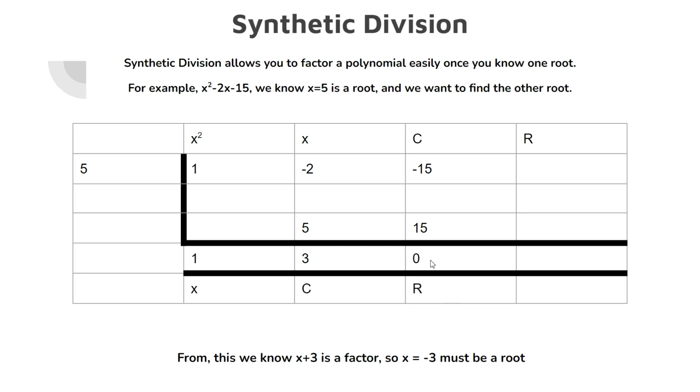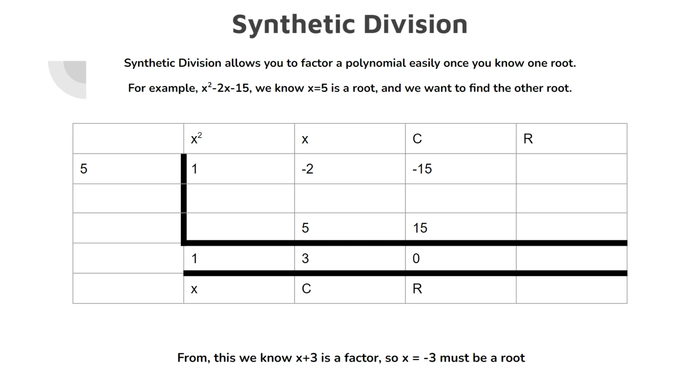If 0 is the remainder, let's think about if we're just doing regular division. If I say like 64 divided by 8, that's 8. We all know that, and there's no remainder. If you divide an integer by an integer, and you get an integer, that means that the divisor is a factor of the dividend, right?